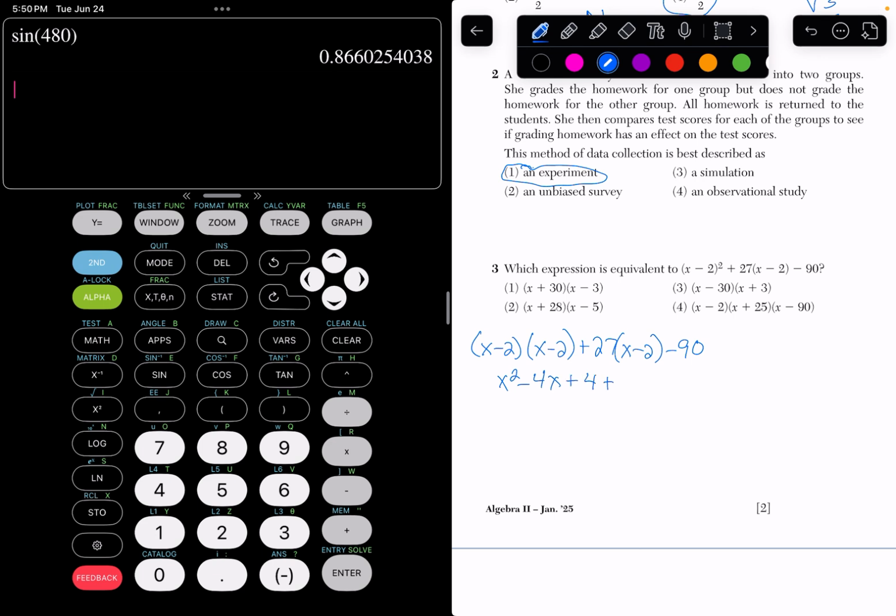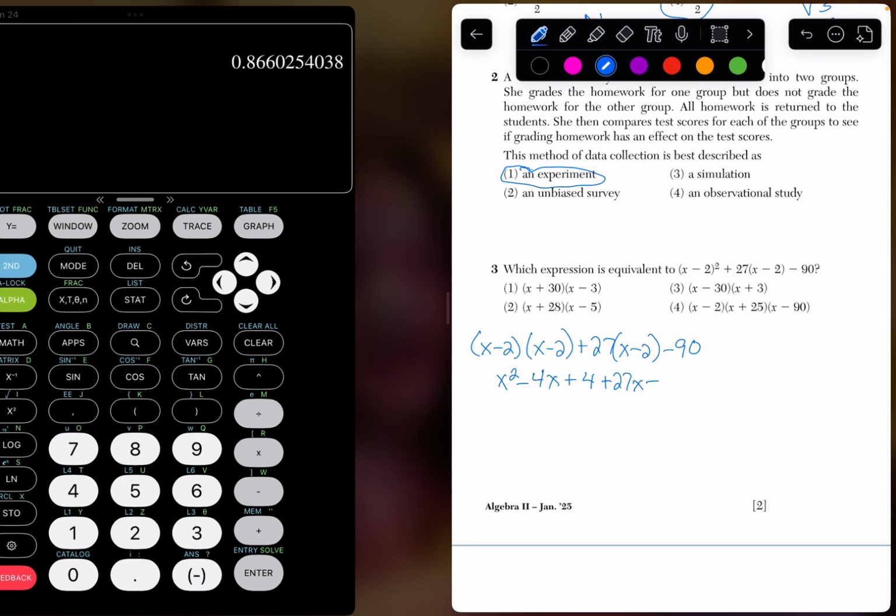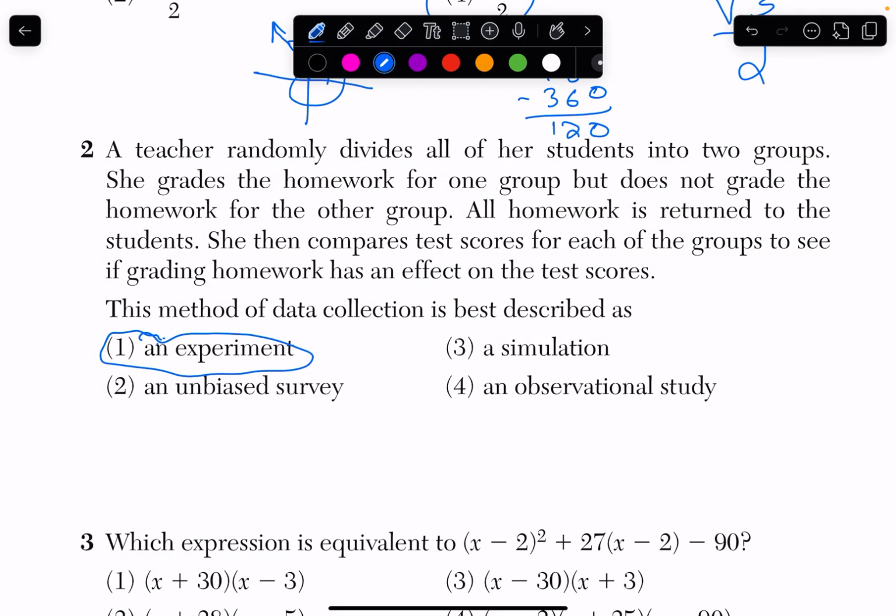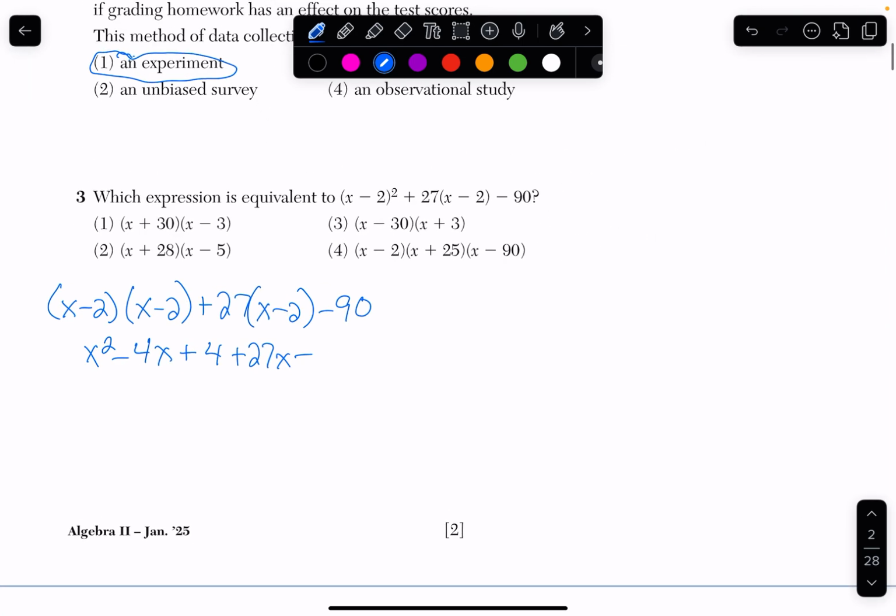Distribute this one plus 27x minus, maybe I'll move this over so you can see a little better, minus 54, right? 27 times negative 2 is negative 54 minus 90.